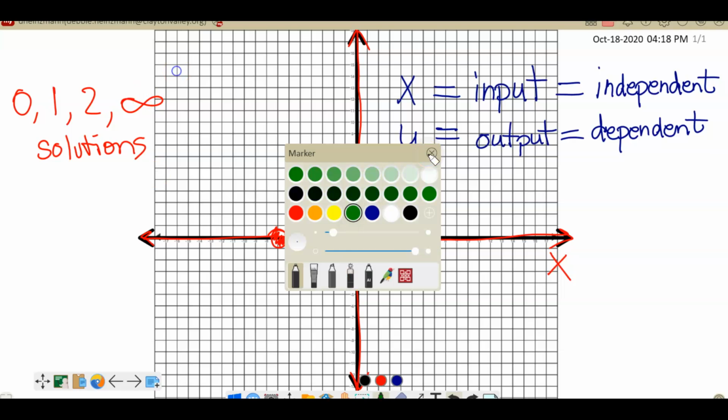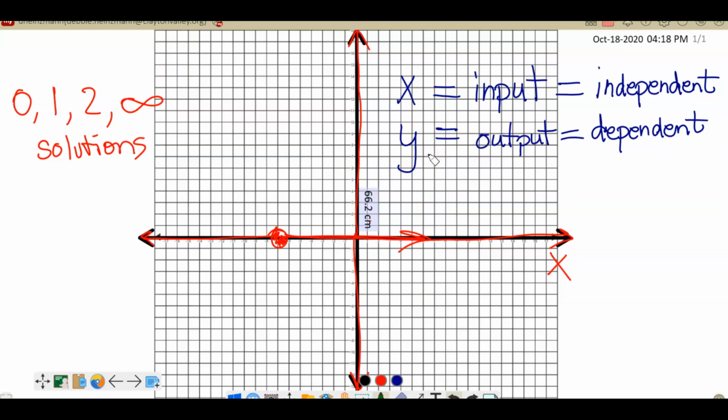And this is what that looks like. This is called a coordinate pair because they are plotted in the coordinate plane. So you find x first, that's why x is listed first, and then you find y, and you draw a point. So let's try this together.